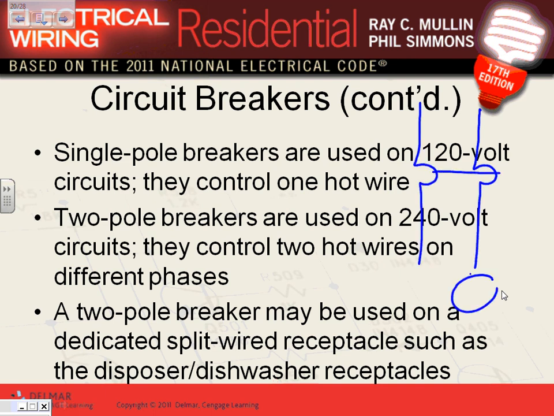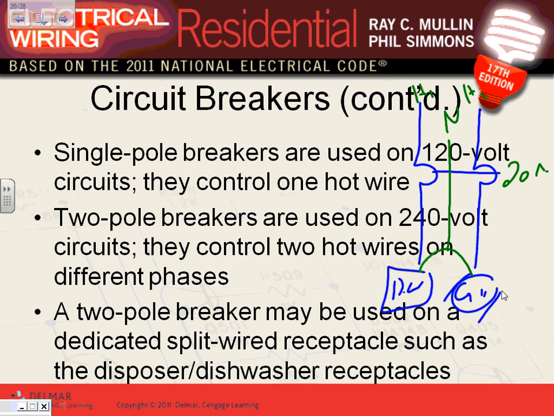I have my garbage disposal here and my dishwasher, and then I brought my neutral here, tied it, and I went all the way to, this is my neutral. This is hot 1, hot 2, right? In a case like this at 20 amp, they have to be tied together. You can use two single pole circuit breakers tied with an approved handle, or you can use a two-pole circuit breaker from the get-go.